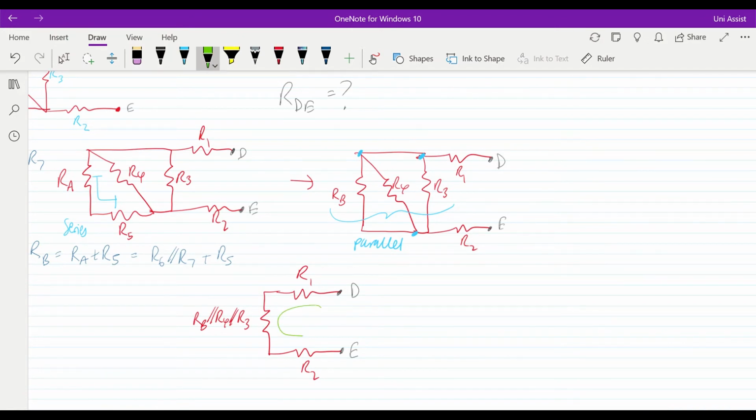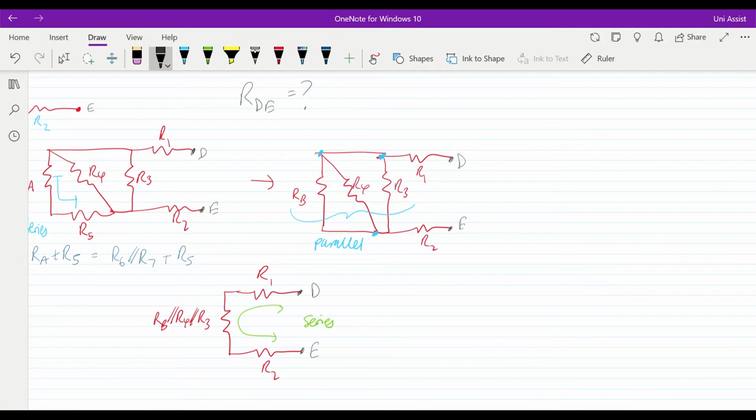We can see all three resistors are adjacent to each other, so we've got a series connection between these final values. That means my final answer, RDE, is going to be R1 plus RB in parallel with R4 in parallel with R3, plus R2.